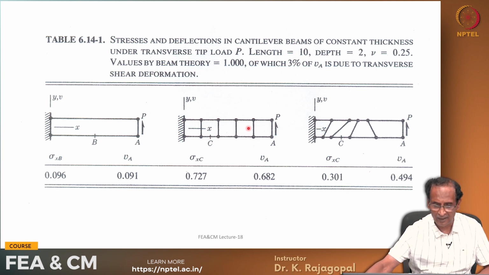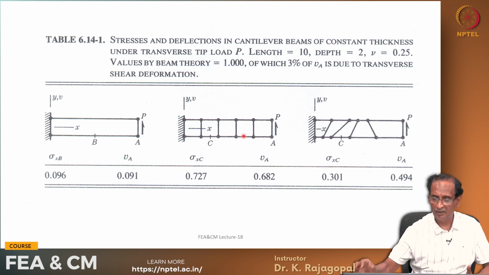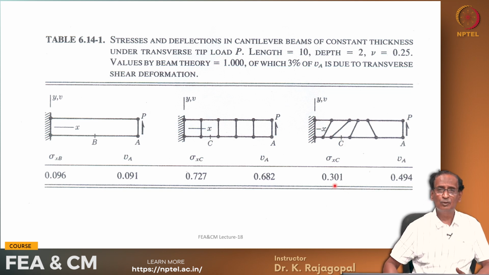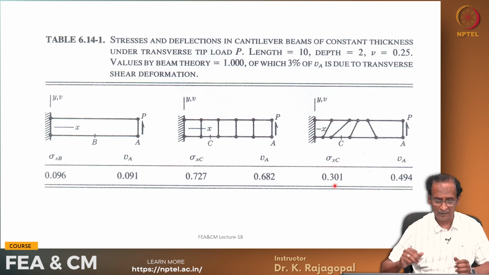But then if you have the same 5 elements but distort them like this, your solution accuracy comes down. The tip deflection is only 0.49 times the actual deflection, and then sigma c at this point is only 30% of the actual stress.